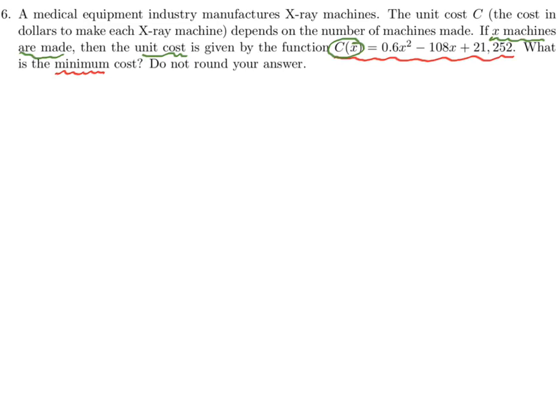So in this question, it's asking us for the minimum cost. So that means we're going to find C of x. We're going to look for the output at the vertex. So we do need to find the vertex, but we're going to find, in the end, the second coordinate, or the y coordinate.